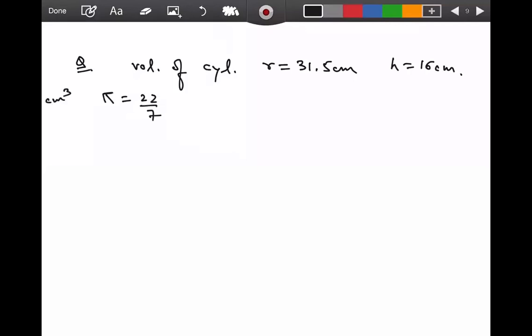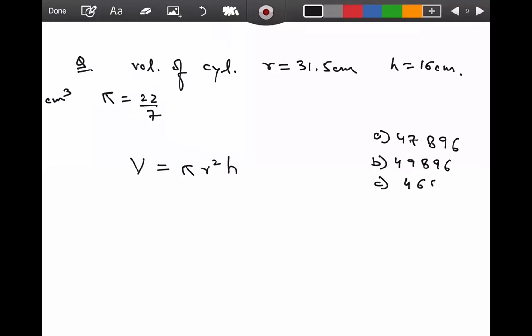Find in centimeter cube. So all you need is pi r square h. There were 4 options given. Options were A 4, 7, 8, 9, 6. Option B, 4, 9, 8, 9, 6. Option C, 4, 6, 8, 9, 6.